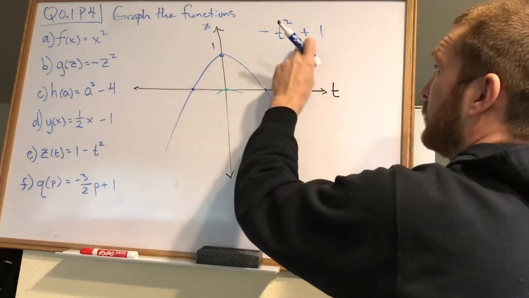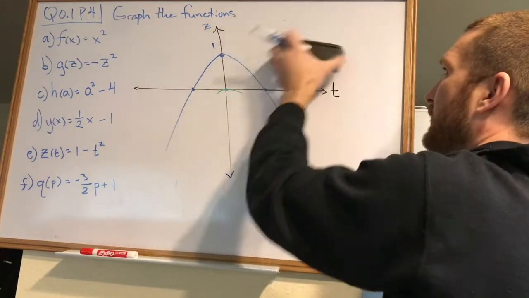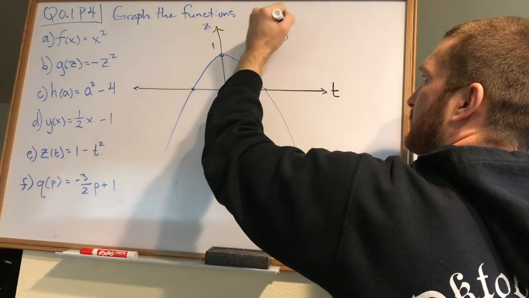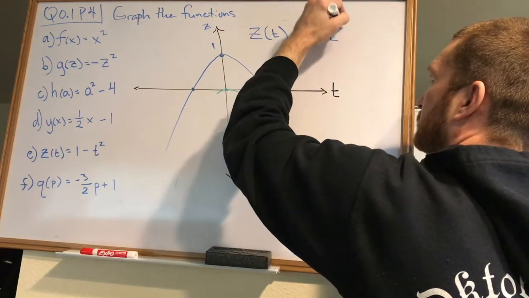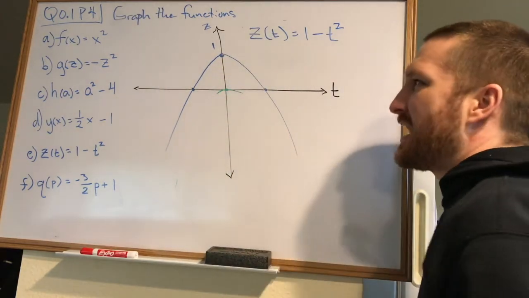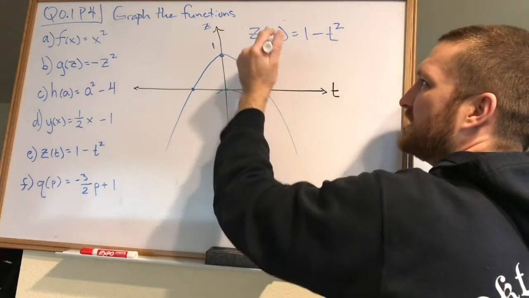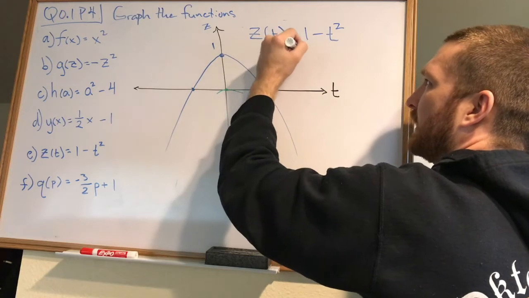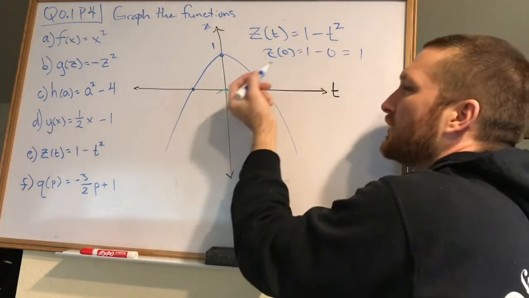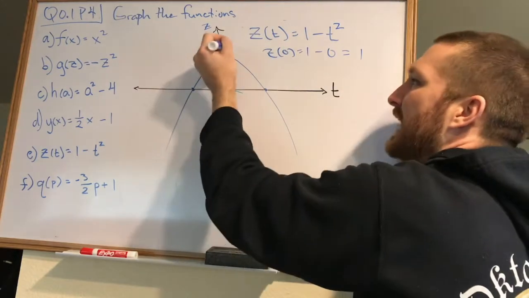I'll write it the way that it was written. z of t is 1 minus t squared. And let's just check, make sure that our shifting actually worked. When I plug in a 0 for t, I get 1 minus 0 is 1. Yeah, so when the input is 0, the output is 1.